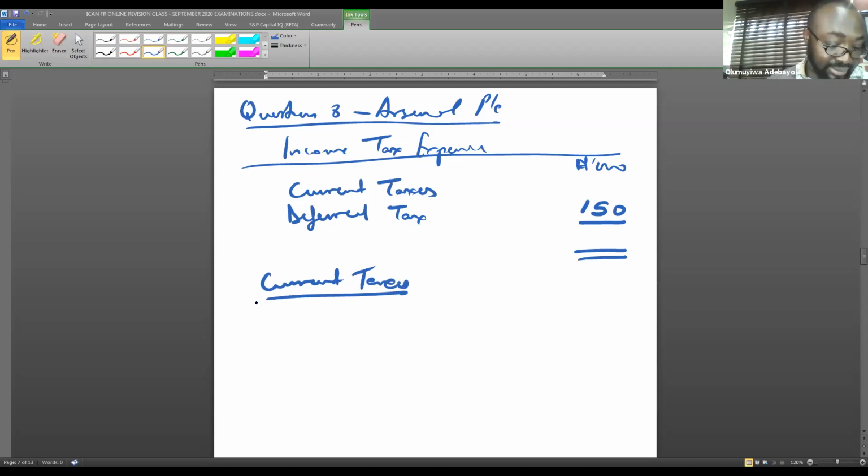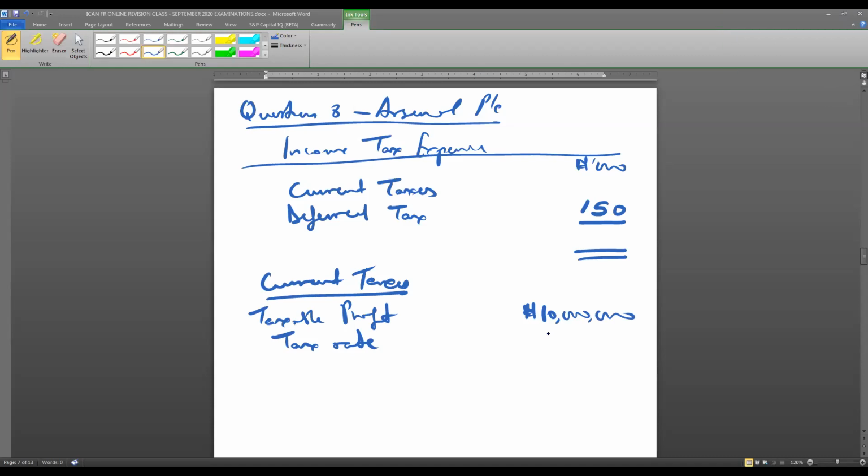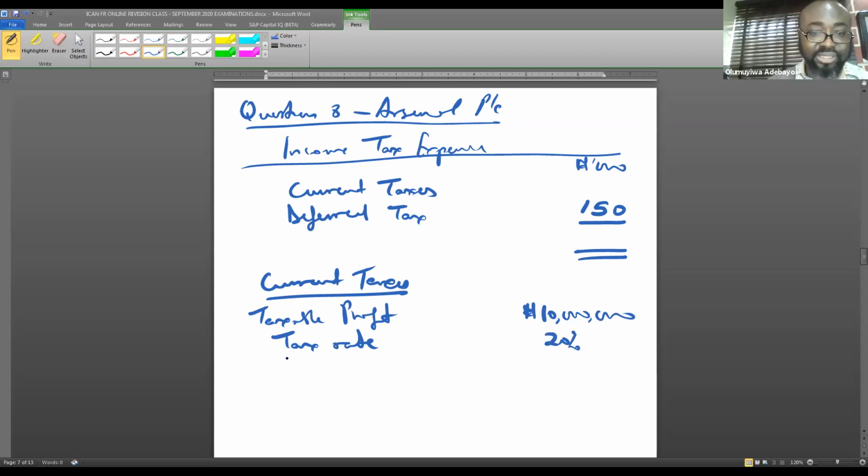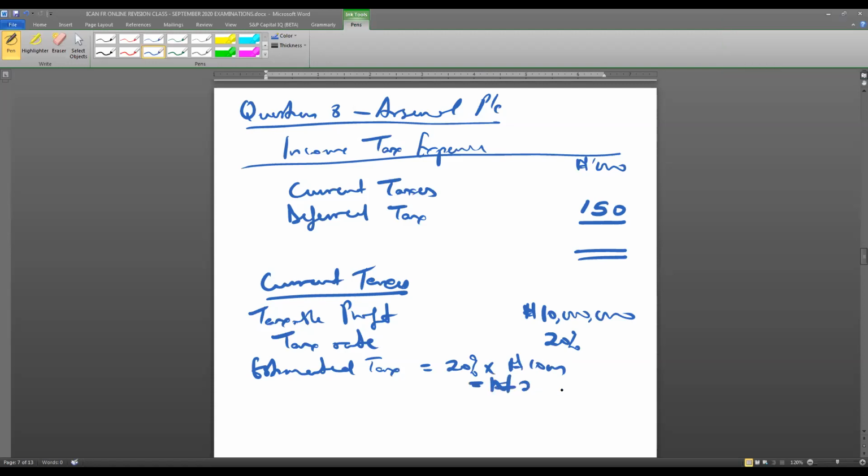We are told that we have a taxable profit of 10 million, and our tax rate is 20%. All things being equal, our estimated tax will be 20% of 10 million, which gives 2 million naira.